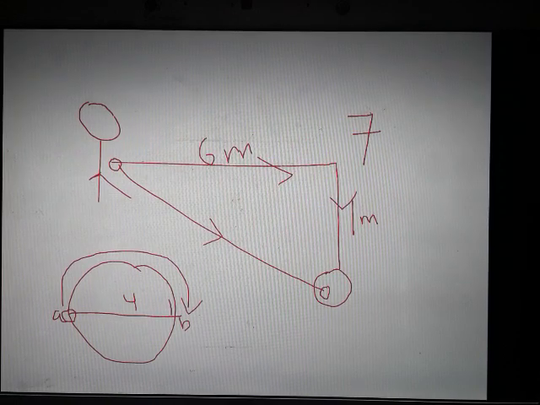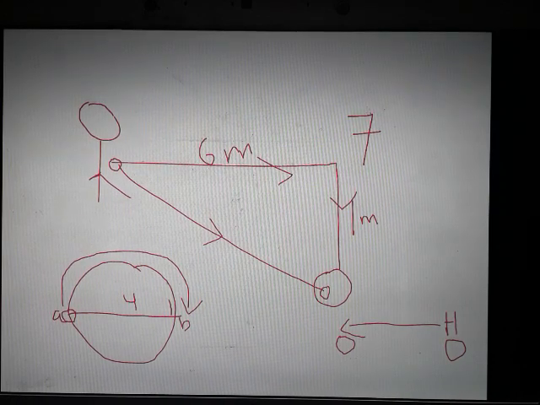Let's say here is your school and here is your home. When you are going from home to school and then coming back from school to home, let's say the distance between these two is 1 kilometer.